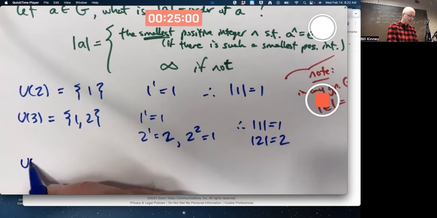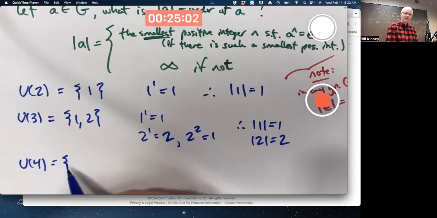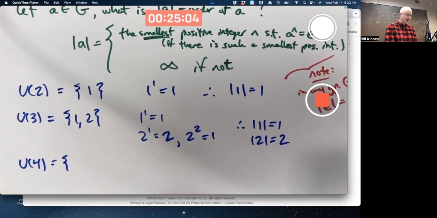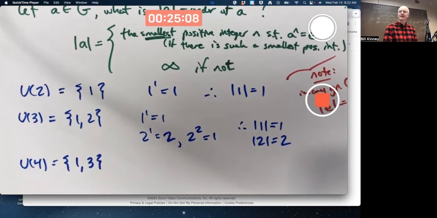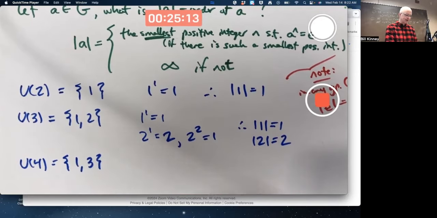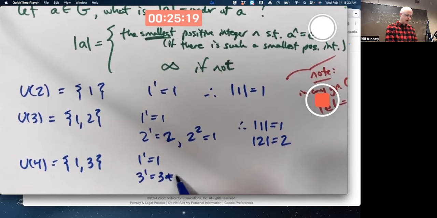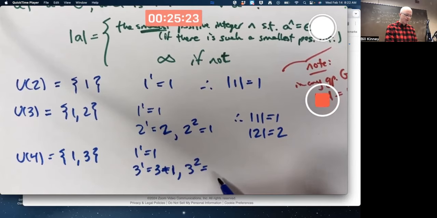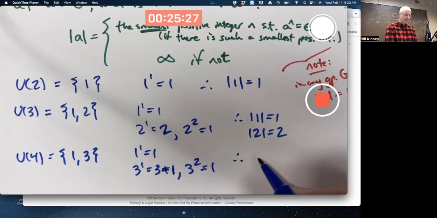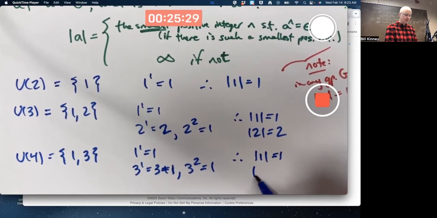Next example, U of 4. Elements, positive integers less than 4, relatively prime to 4. There's 2 of them, 1 and 3. Under multiplication mod 4. Once again, 1 to the first is 1. The order of 1 is 1. 3 to the first is 3, not 1. 3 squared is 9, but 9 mod 4 is 1. Therefore, the order of 1, yes, is 1. The order of 3 is 2.